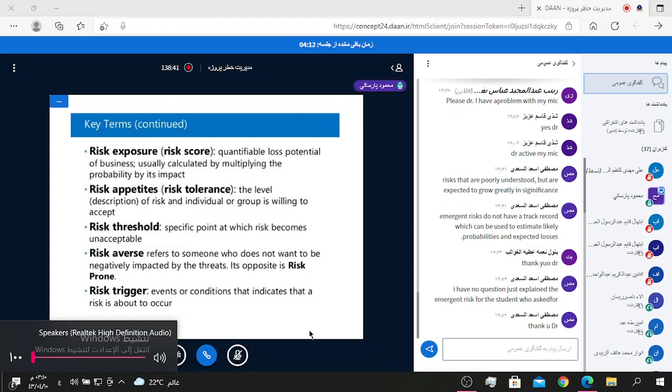So risk triggers are those traces, those indicators. I repeat, risk trigger: events or conditions, found in the first step of risk management and studies of that project or during its construction, that indicate that a risk is about to occur or is near to occurring.